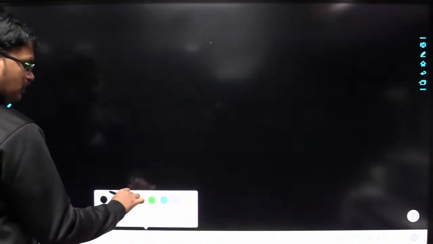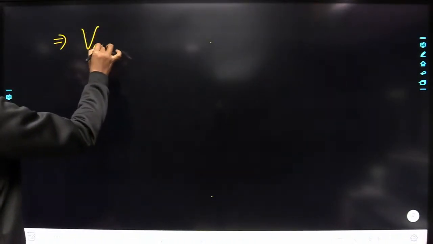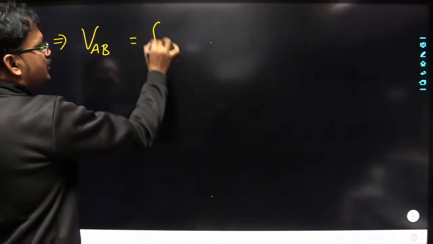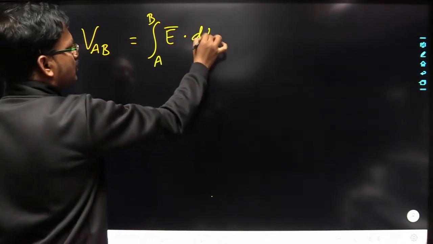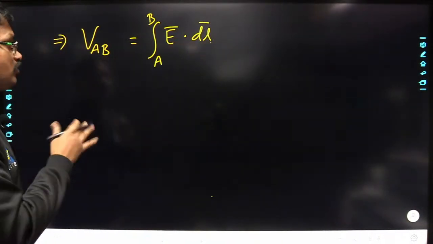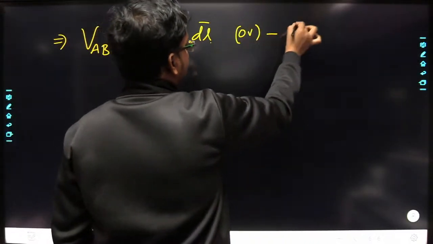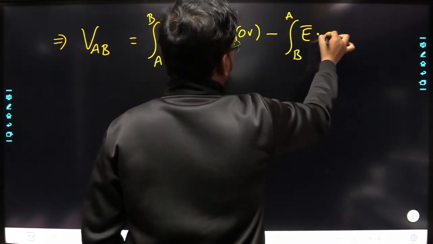Now what we have concluded here is, if you are having the potential from A to B, I can write it as integral A to B E bar dot dl bar or dr bar, whatever you want you can write here. The same thing I can write as minus of integral B to A E bar dot dl bar.